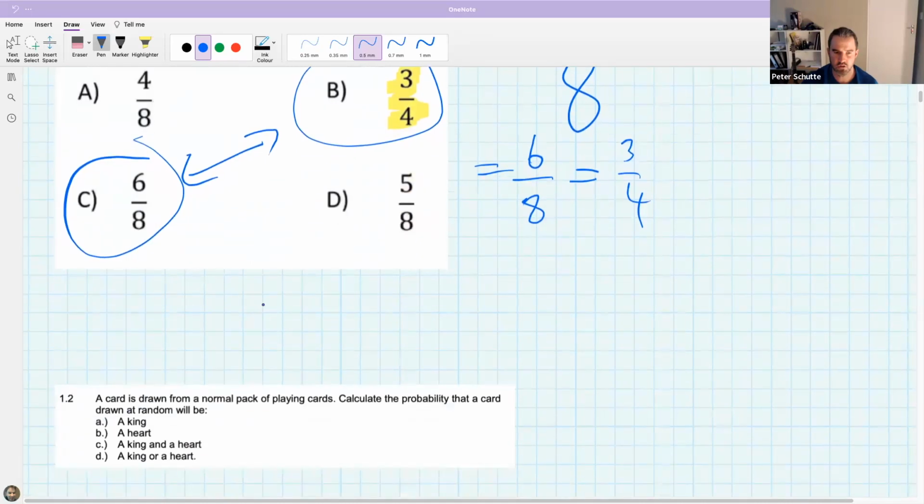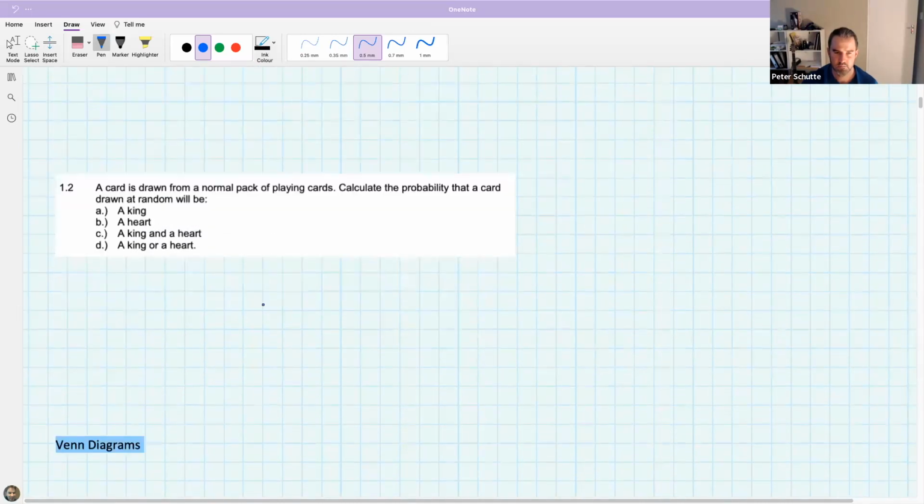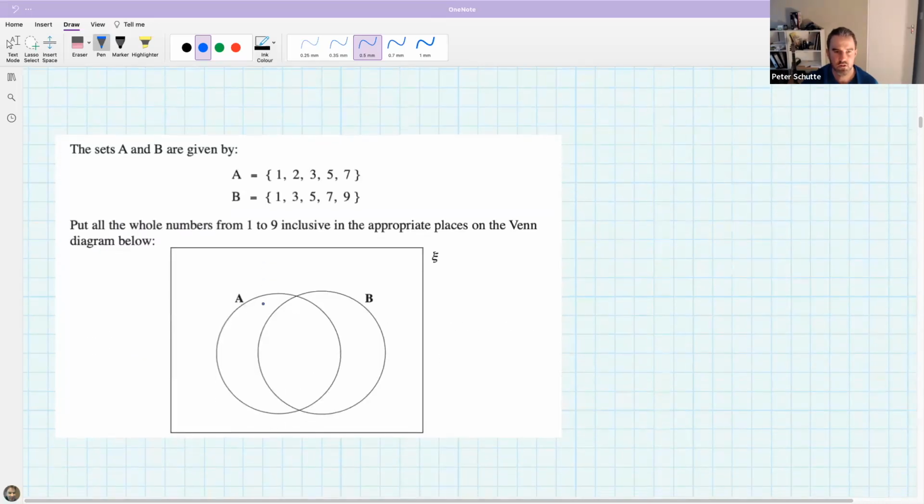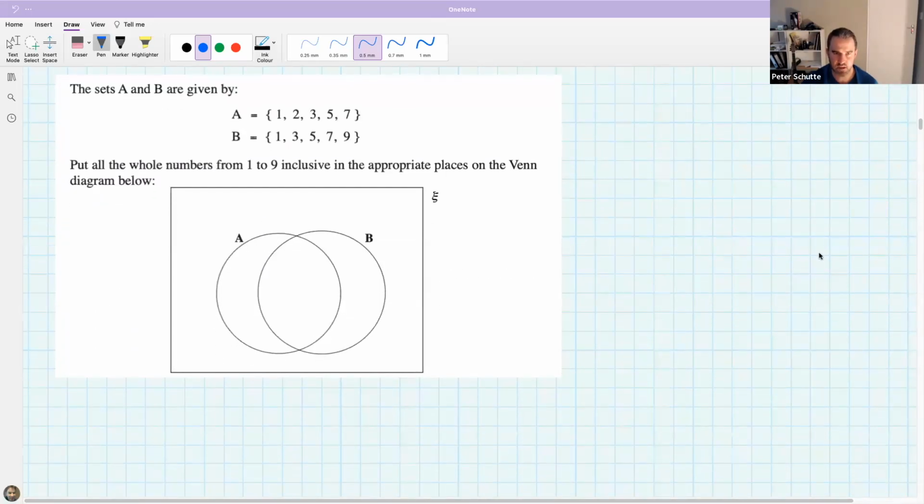Let's go on to this. This is a very simple Venn diagram, and the sample space S is the region around the outside. Which items are in both A and B?